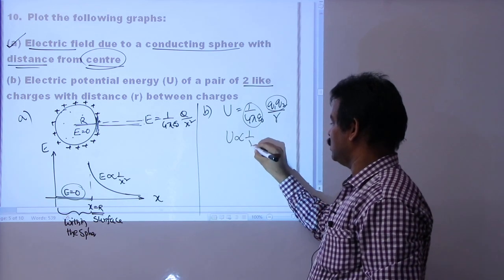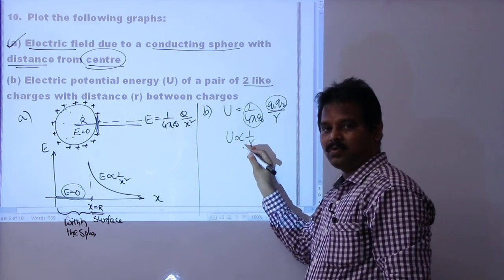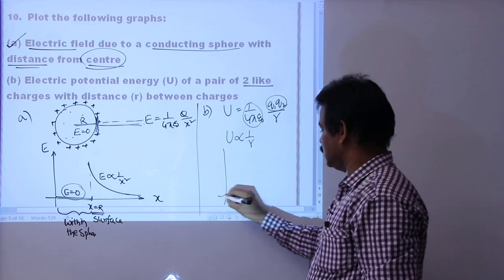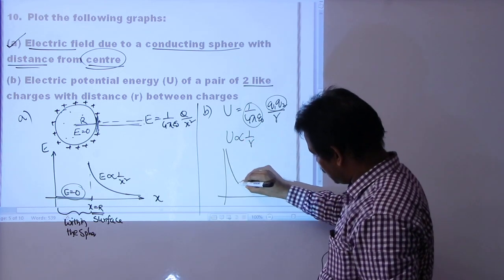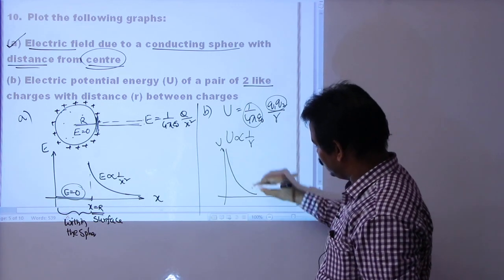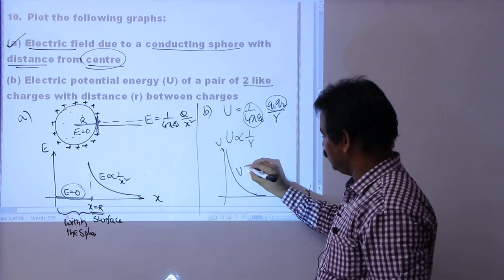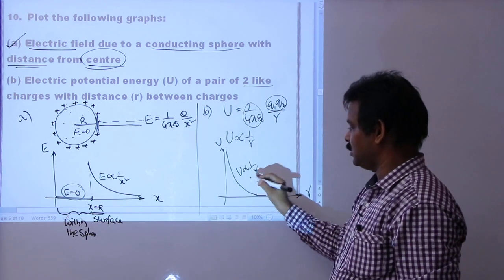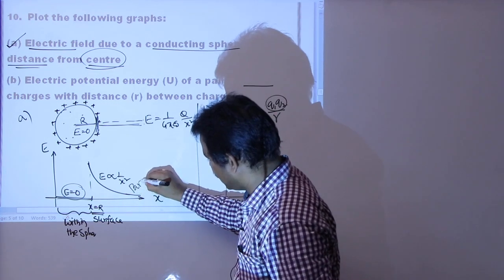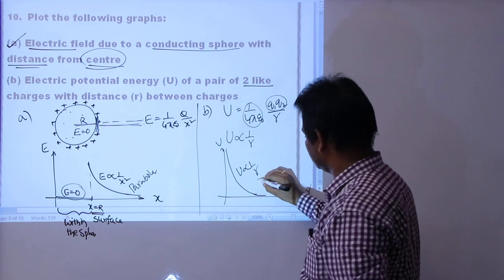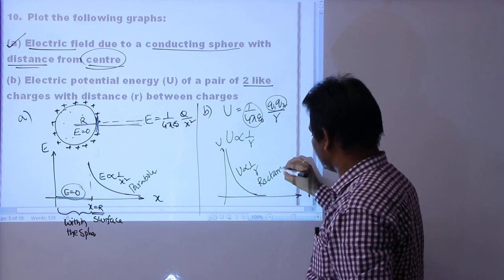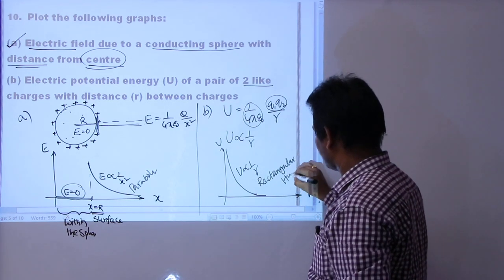Whenever R changes, U changes. So U is inversely proportional to R. Whenever two physical quantities are inversely proportional to each other, the corresponding graph is always a rectangular hyperbola. So this is U and this is R. So this is a rectangular hyperbola. The earlier one was a parabola, and this is a rectangular hyperbola.